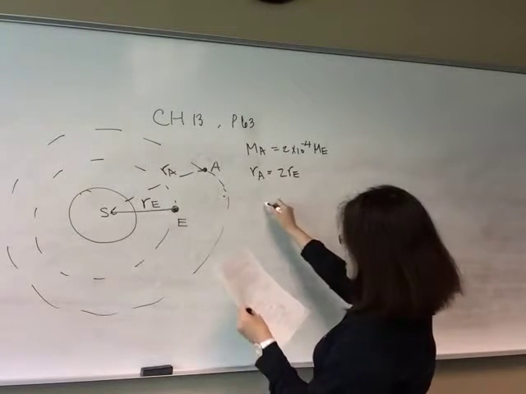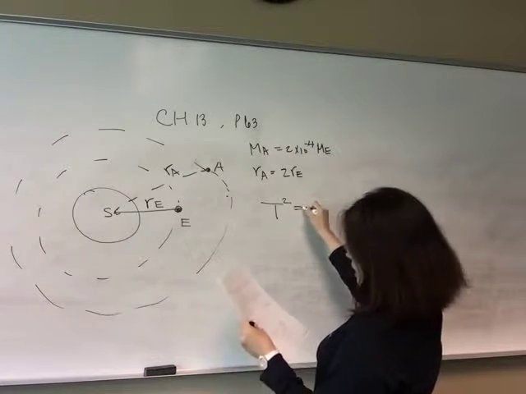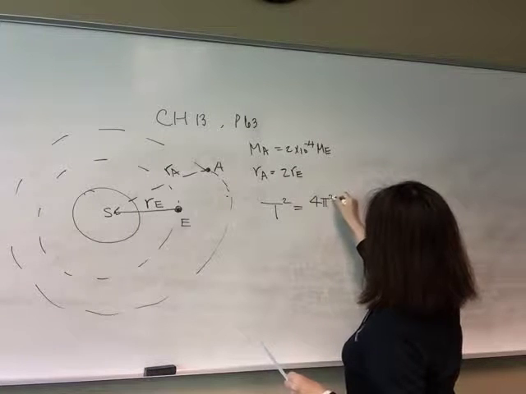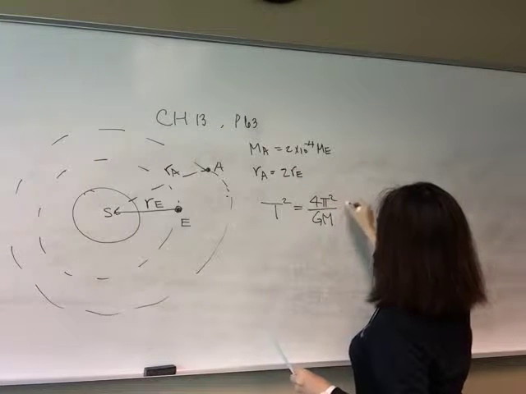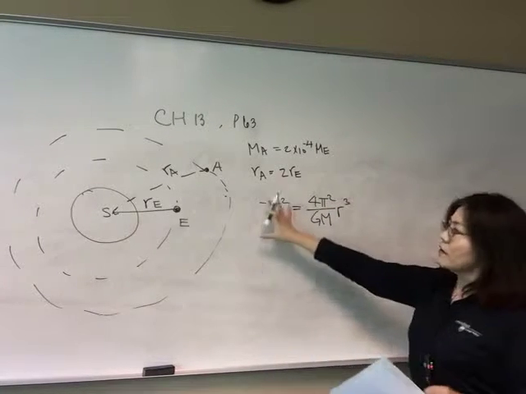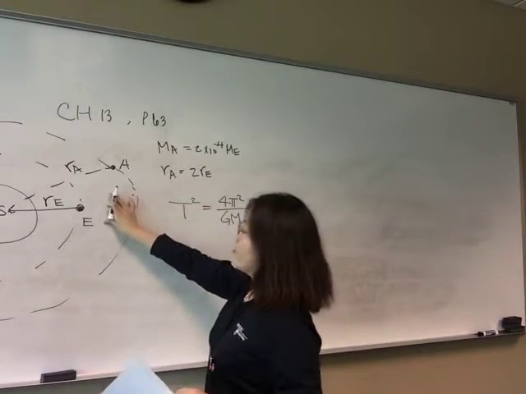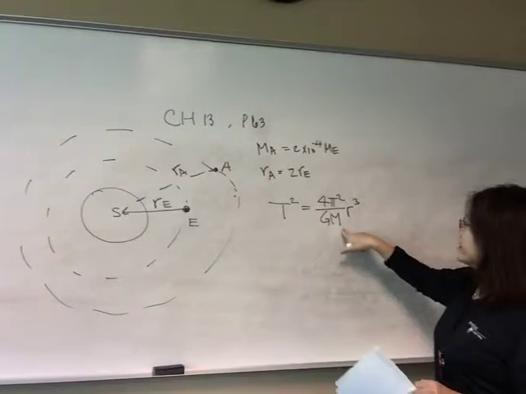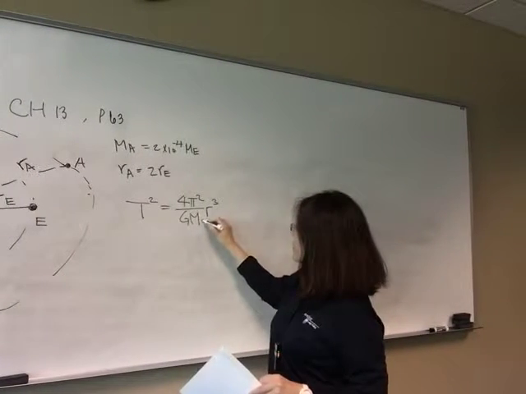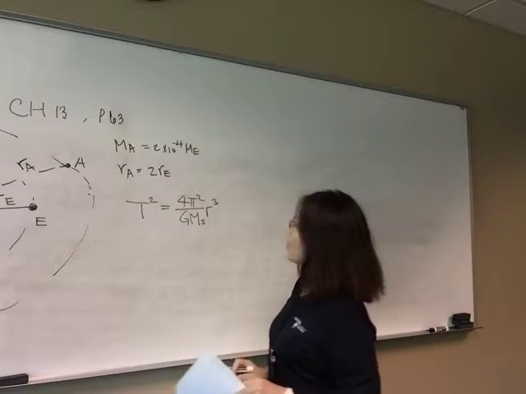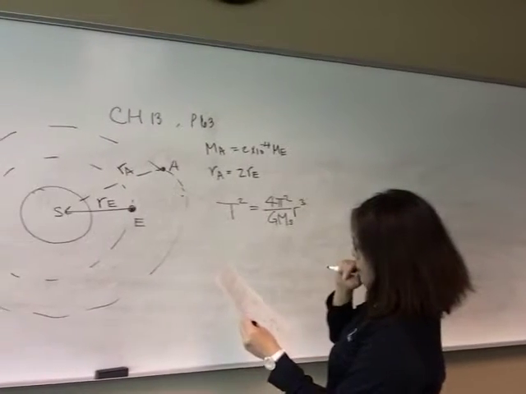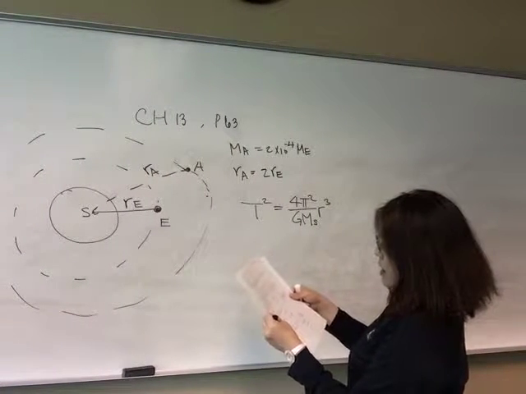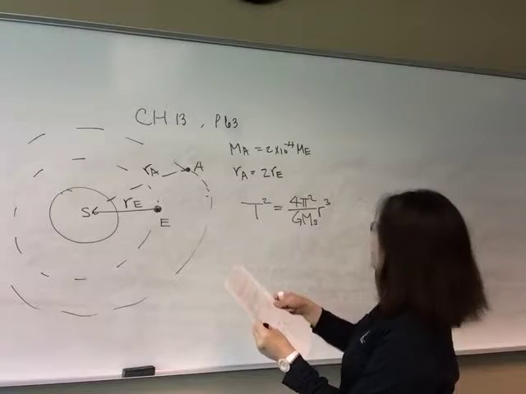So you have T squared is equal to 4 pi squared over GM, times R cubed. Both the asteroid and the Earth are orbiting around the Sun, so this capital M here is the mass of the Sun.